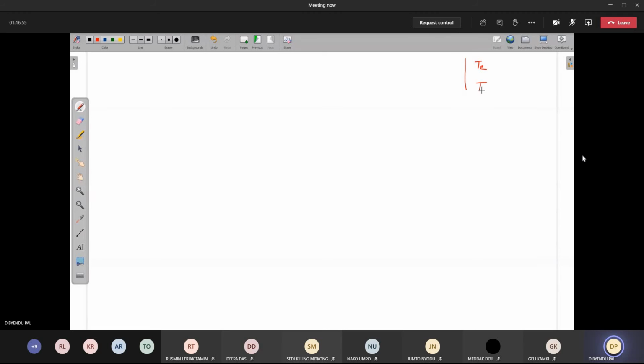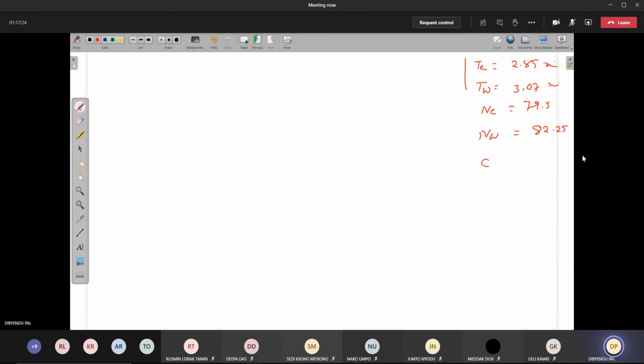TE I have written. TE is given as 2.85 minutes. TW is given as 3.07 minutes. These are all given in minutes. Then NE and NW. NE is given as 79.5, and NW is given as 82.25.